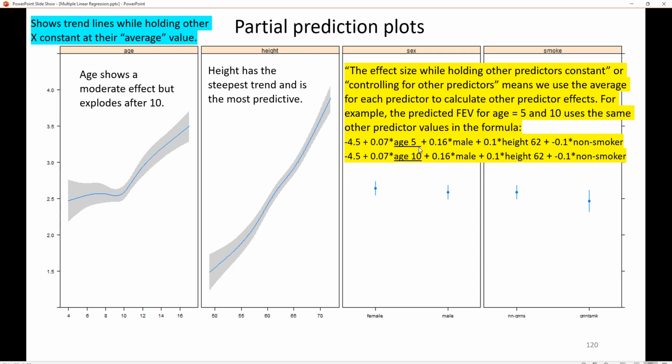We're going to do that for age, but for all our other predictors, we're going to use the exact same values. We're going to hold it constant. So that's what we mean when we say we're controlling for other predictors. In this formula, we're only varying the one that we're interested in. In this case, that's age for a 5-year-old and a 10-year-old, and we're going to predict those values.